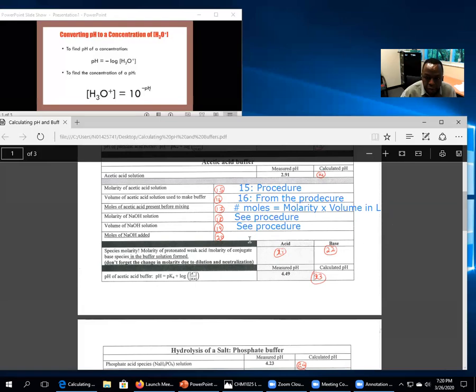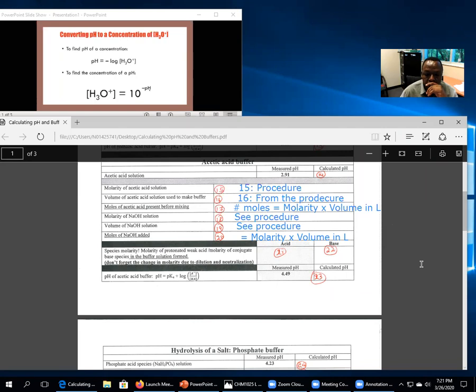Moles of NaOH. All right, you know this. This is given by molarity times volume in what? In liters. So you have the information.